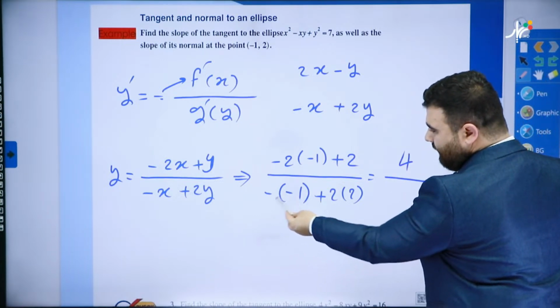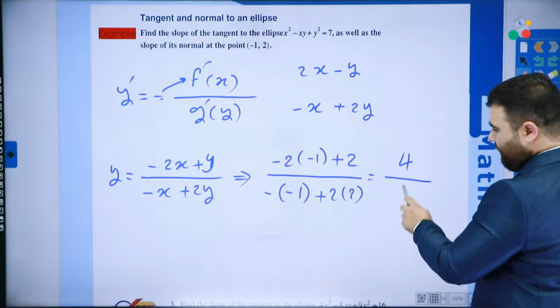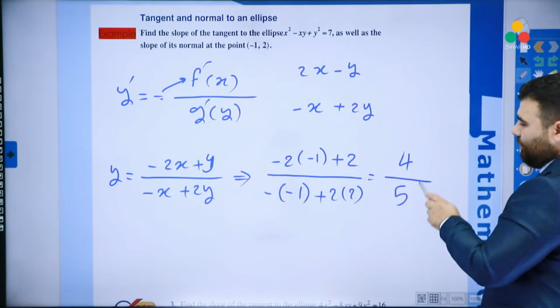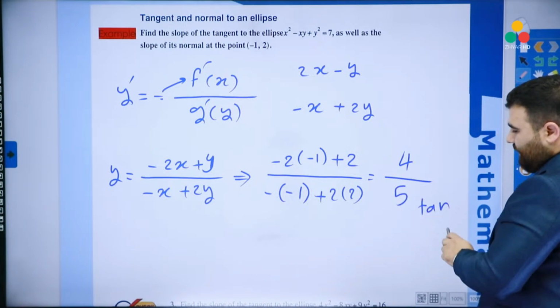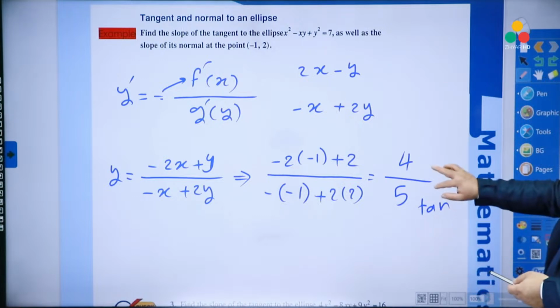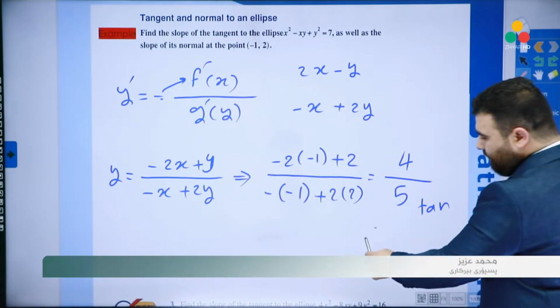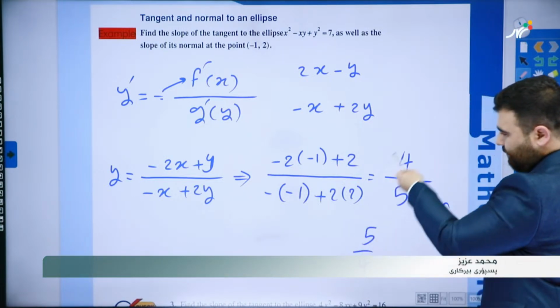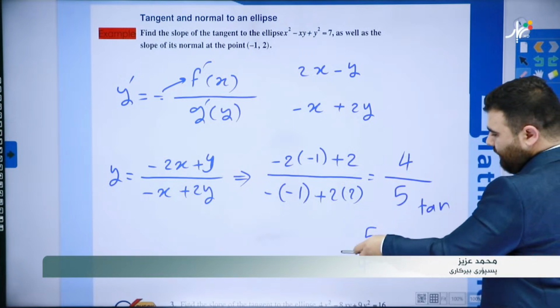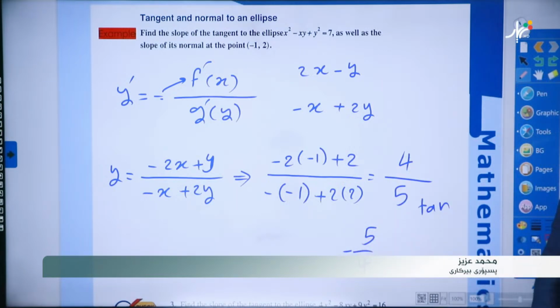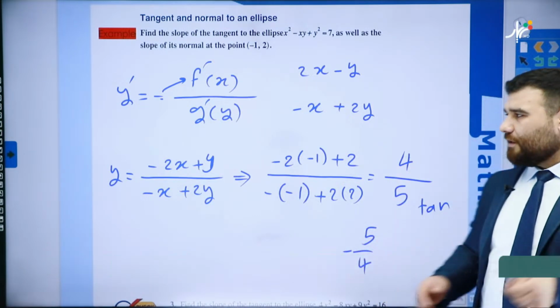Negative 1, negative 1 is 1, plus 4 is 5. So this is the slope of the tangent. For the slope of the normal, we need to switch 5 over 4. This is positive in general, this will be negative. We got the same answers. Whichever way you find easy, use it.